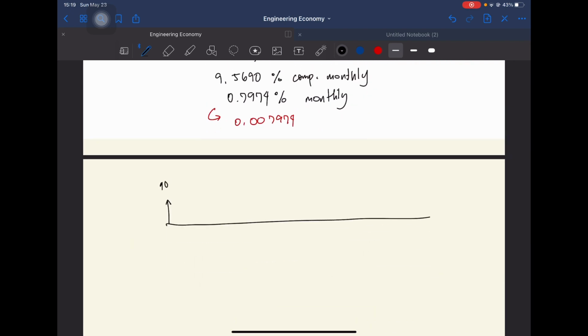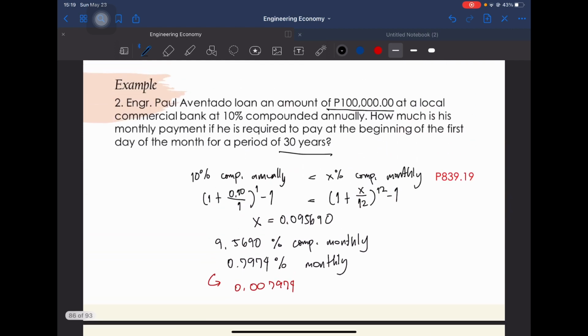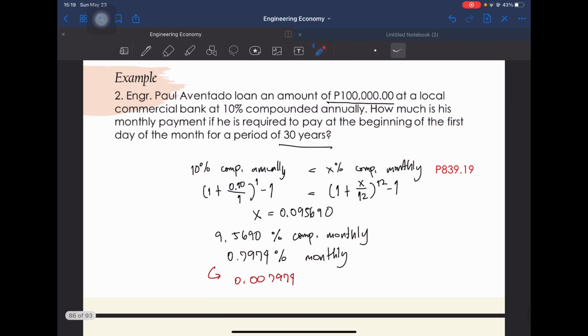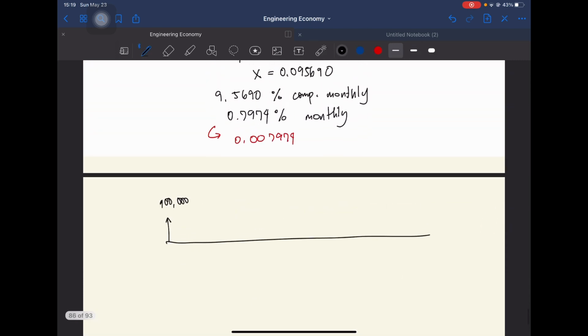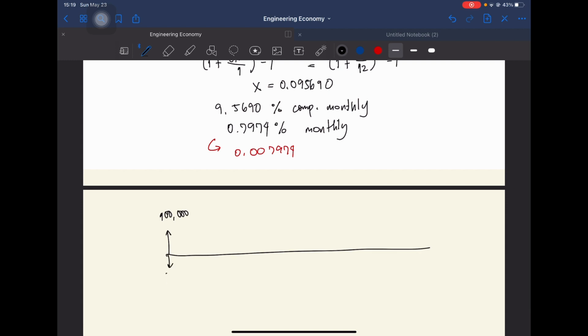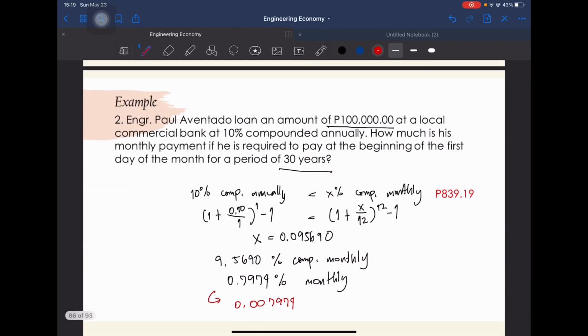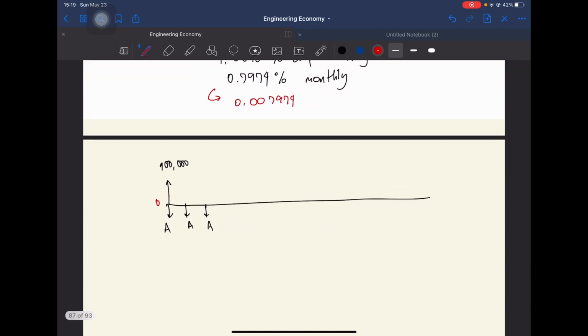You have 100,000 at the beginning, on the first day of the month. That means as soon as he gets the loan, he pays right away. This is his first payment. How many payments? That's 30 years times 12 months, 12 times 30, that's 360.